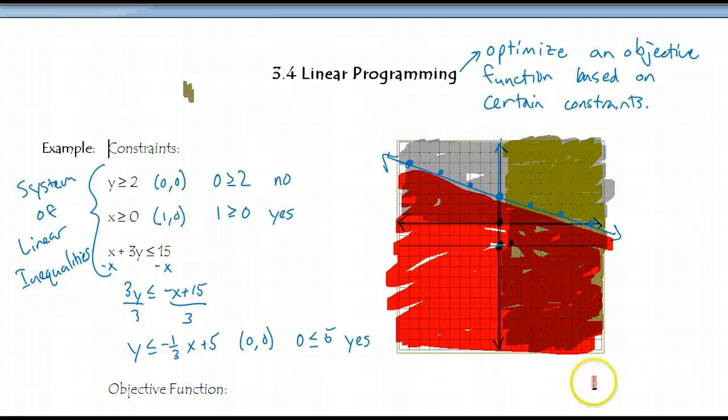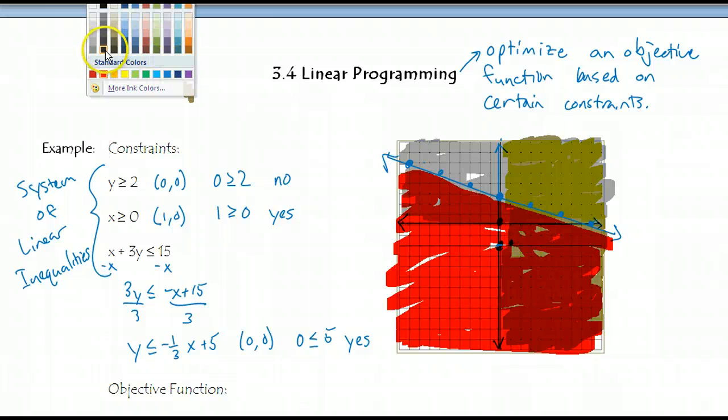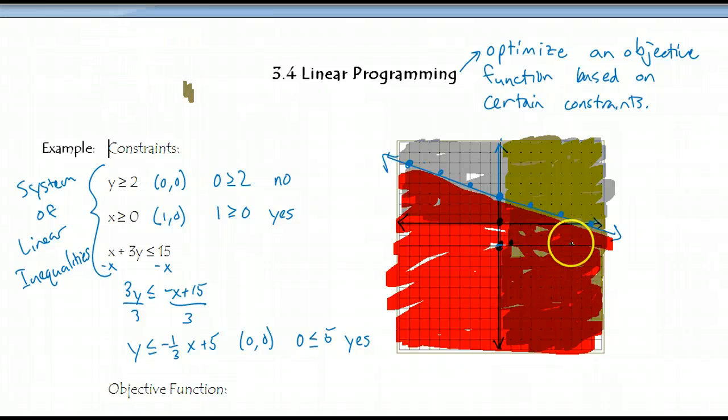Now if you look at my graph, I have my entire graph shaded. The region that I'm concerned with is the region where all of the shades intersect. The region where all of the shades intersect is this triangle right here.